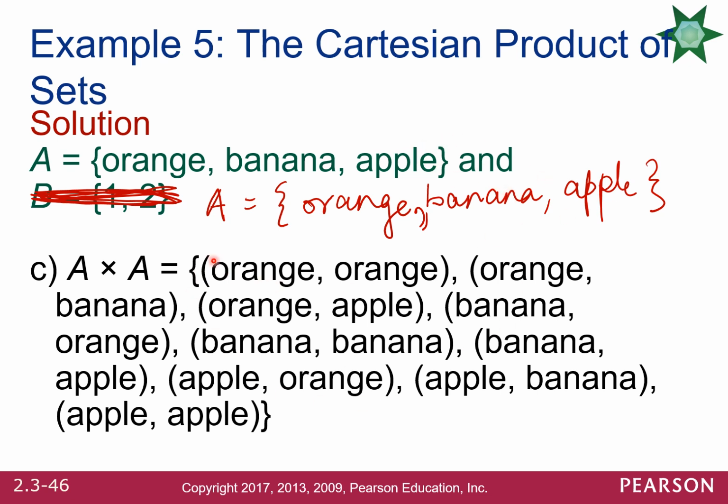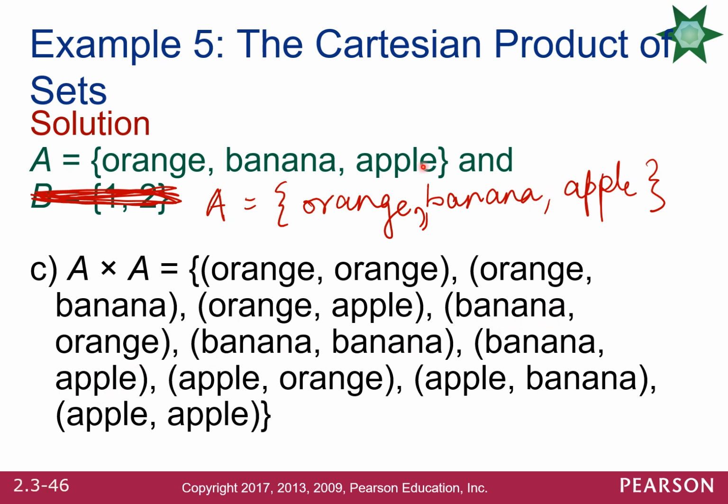And that's exactly what we have here. A cross A is orange orange, orange banana, orange apple. Then we are done with pairing everything with orange from the top row of set A. And then we start the same process with banana: banana orange, banana banana, banana apple.